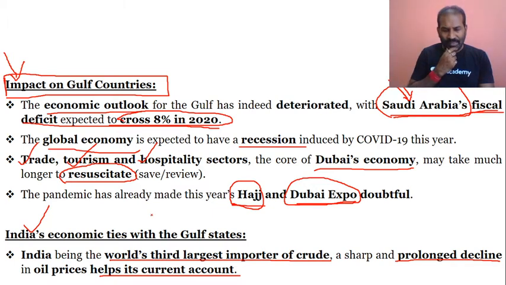Can anyone say whether we have any negative impact, or only the positive impact because of the slash in oil prices? Can anyone please let me know? Is there only a positive impact because it is helping our current account, that is the revenue?